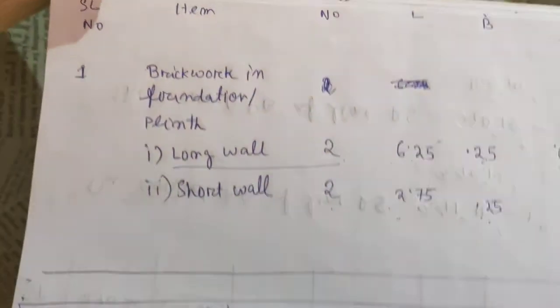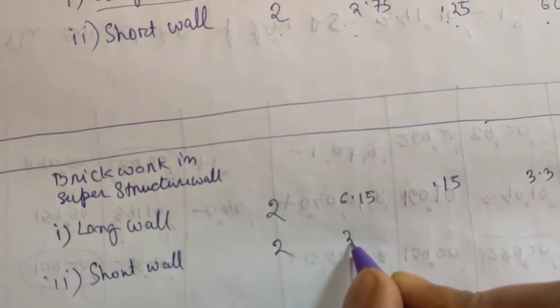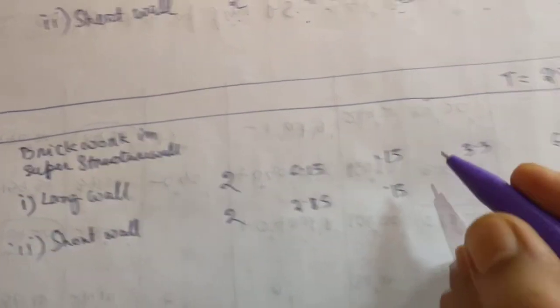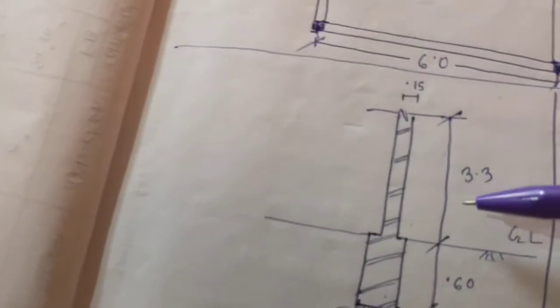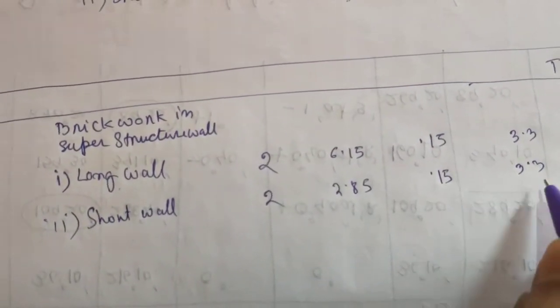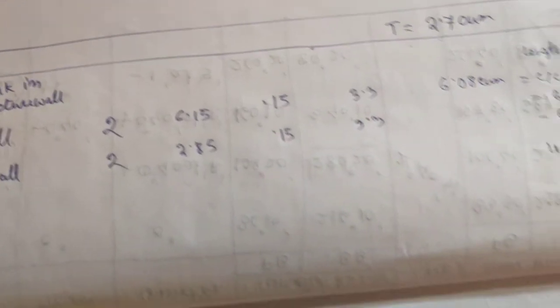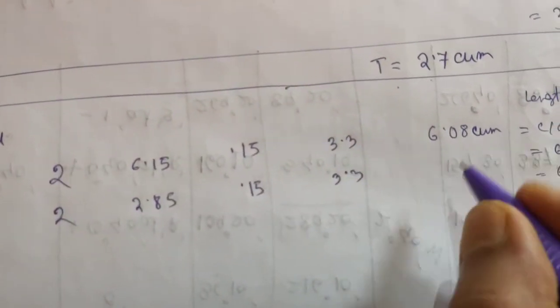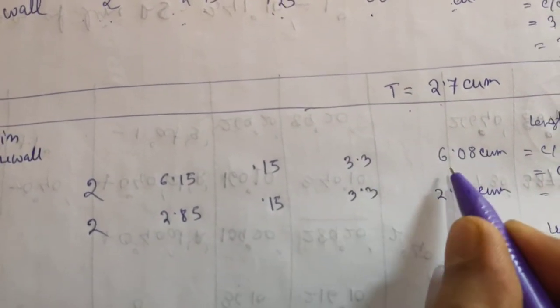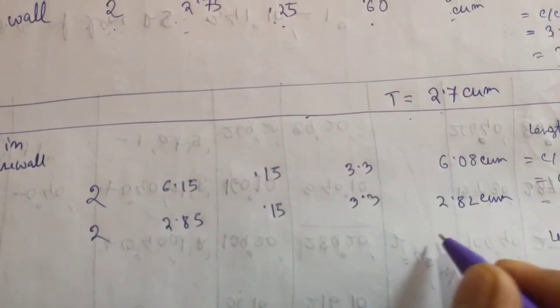So under the length column, let us write 2.85. Breadth we all know, it is given as 0.15. Height we all know, it is given as 3.3. So number into length into breadth into height, we will find out the quantity. The quantity comes out to be 2.82 cubic meters. So for the long wall it is 6.08 and for the short wall it is 2.82.